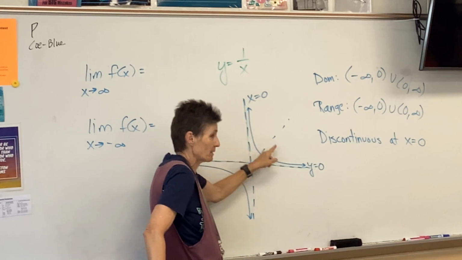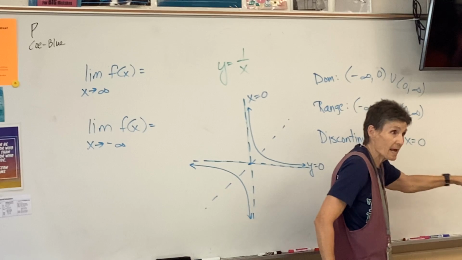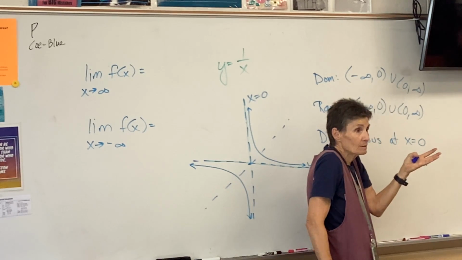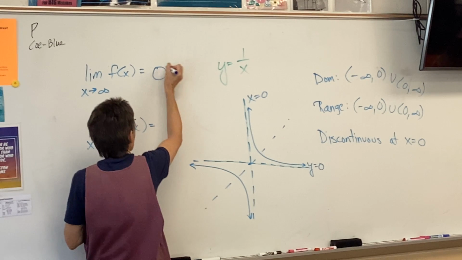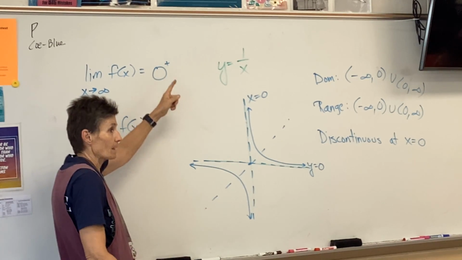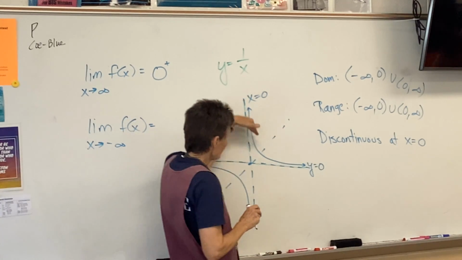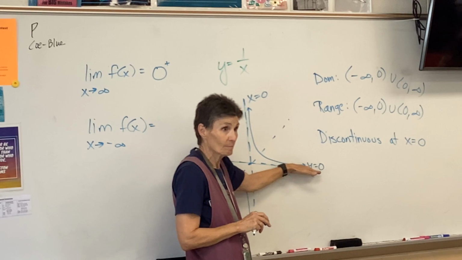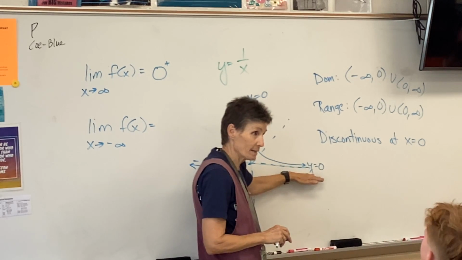What's happening to my picture? The farther out I go, it goes down, and it goes down forever to 0. And so it bottoms out at 0. And I'm going to put a little plus sign there, because when I approach 0, I can approach 0 from the top, or I can approach 0 from the bottom.